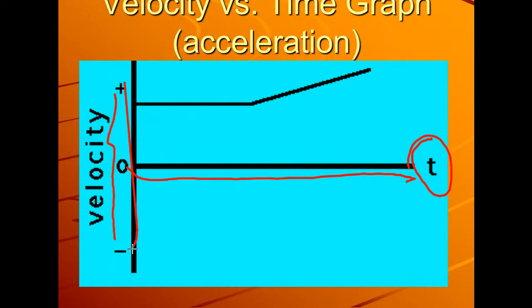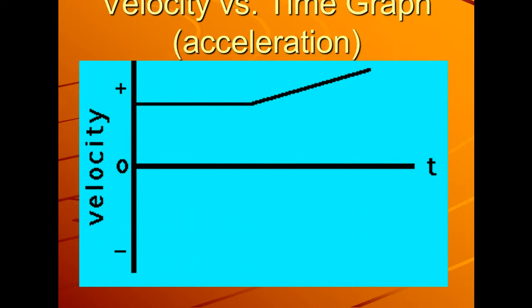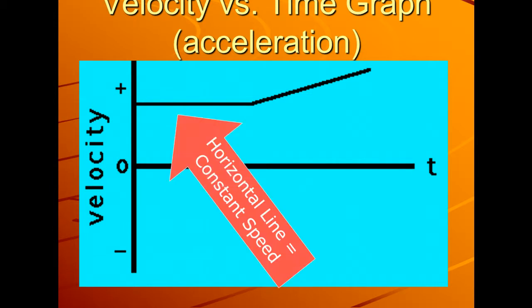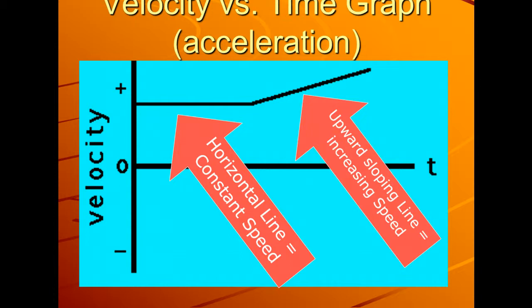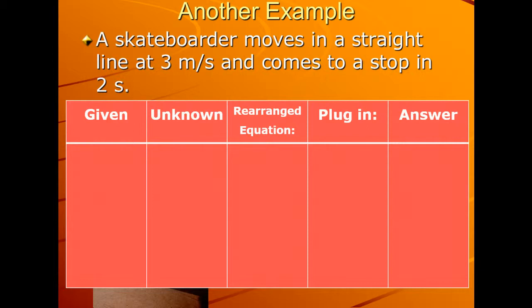The important thing here is, and we had these in your last video, but this is just a refresher really quickly. If you have a horizontal line here, recall that that is going to be a constant speed. And if you have an increasing slope, an upward slope line, that is an increasing speed. Okay? So let's do another example here.